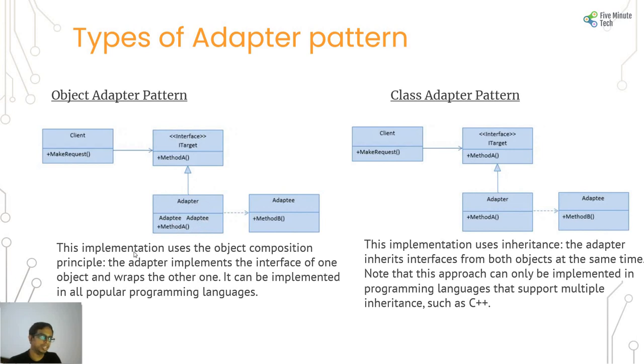The object adapter uses the object composition principle, whereas the class adapter uses inheritance. The object adapter implements the interface of one object and wraps another one. It can be implemented in all languages, whereas the class adapter pattern can only be implemented in languages that support multiple inheritance.